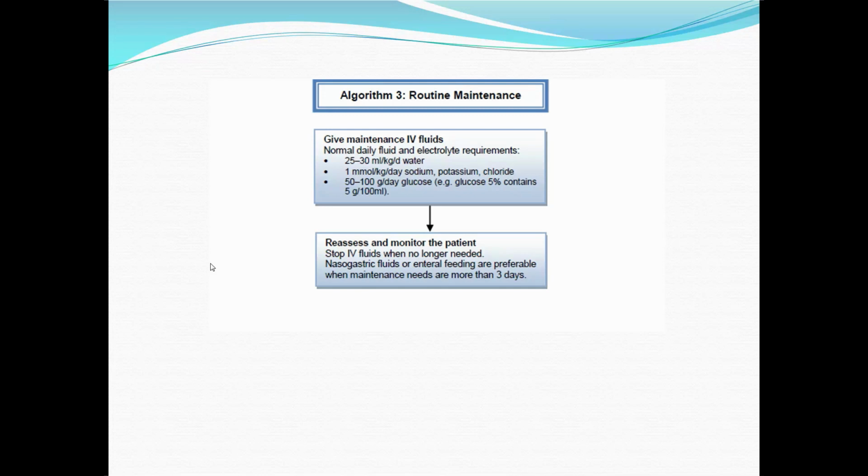And so the administration of 50 to 100 grams per day of exogenous glucose in the fasting state will help mitigate that muscle loss. All right. So we'd start this patient on some basic maintenance IV fluids, and then stop the fluids when they're no longer needed, when the patient's diet is advanced again.